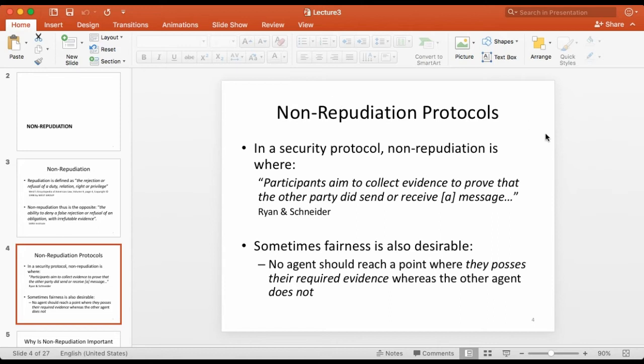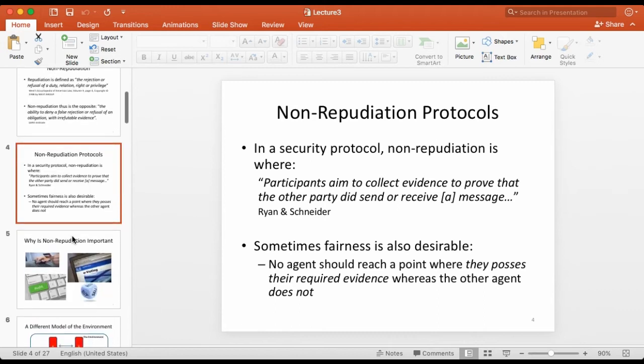Moving on to the area which is relevant to us in the context of protocols, we have this class of protocols known as non-repudiation protocols. In a security protocol context, the idea of non-repudiation means that participants can collect enough evidence to prove that other parties participating in the protocol did perform certain events such as sending and receiving of messages.